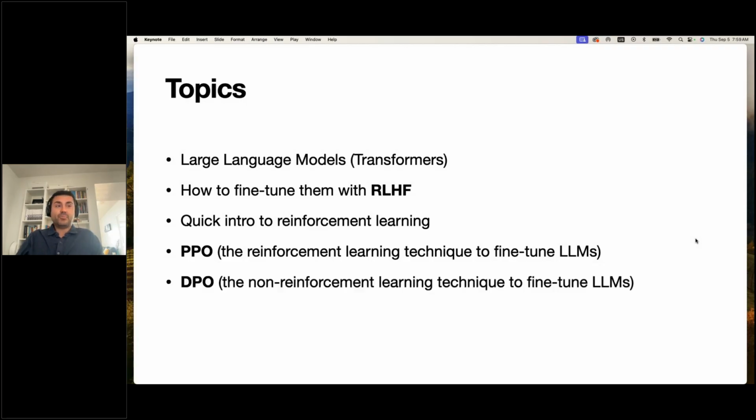Then we're going to go to direct preference optimization, which is a non-reinforcement learning way to fine-tune the models using the human feedback, and it actually proved to be more effective. It's funny, I talk about reinforcement learning in my talk, and I'm going to end up with a non-reinforcement learning improvement to it, but it's still useful, right? It still uses the notions of reinforcement learning.